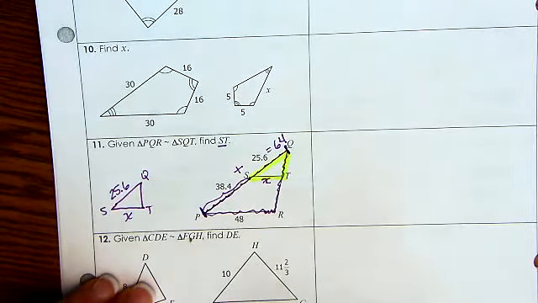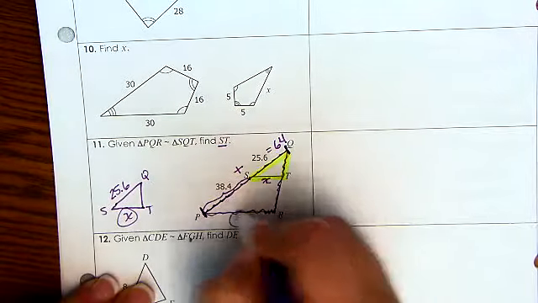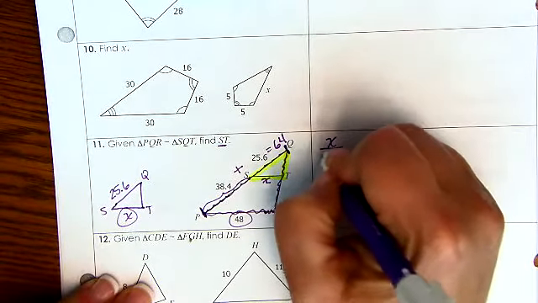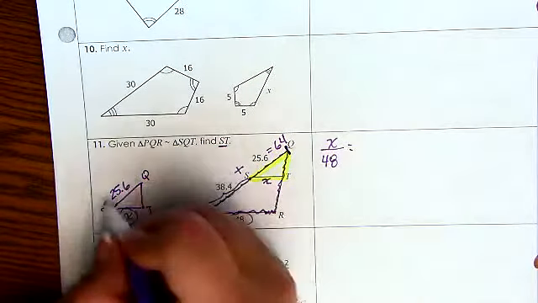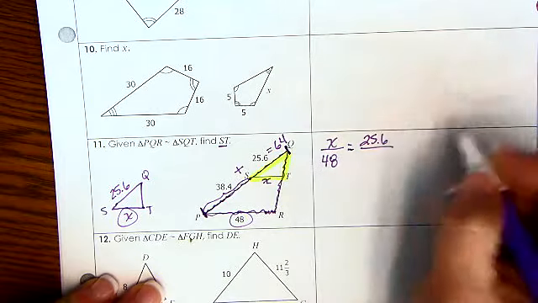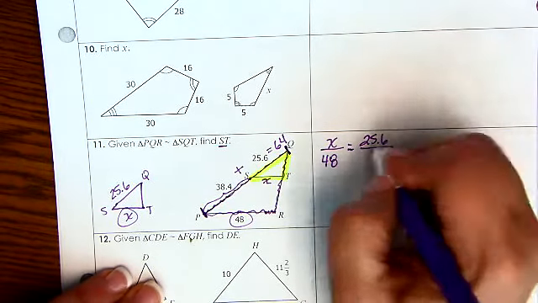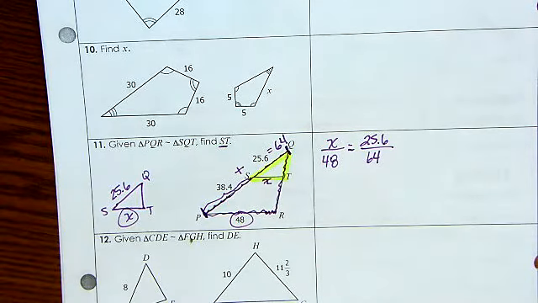Now I've got information, okay? These two sides go together, so I'm going to have X over 48 equals, I started with the X on top, so I'm going to have the 25.6 over 64. And now we solve.